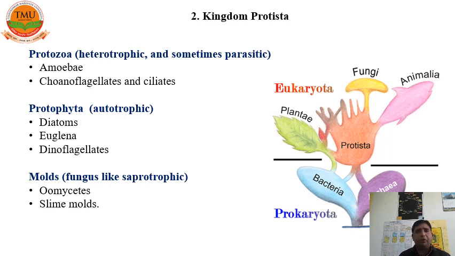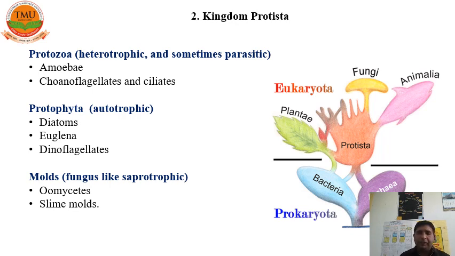The next group is protophyta. These are like diatoms, studied with algae, Euglena, dinoflagellates. Many of them are photosynthetic. They do photosynthesis like plants, and they are autotrophs. The third group are molds.